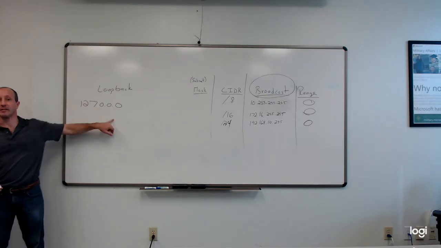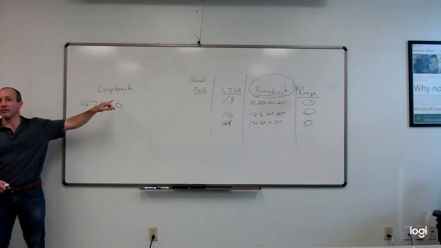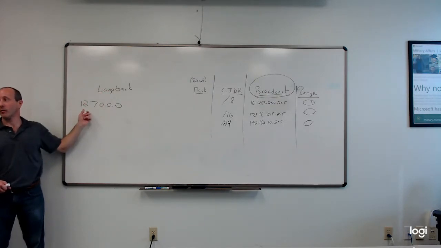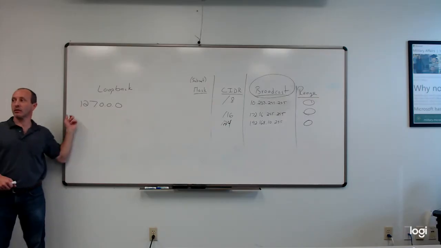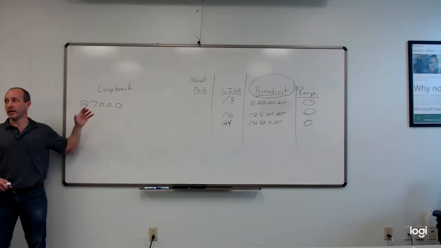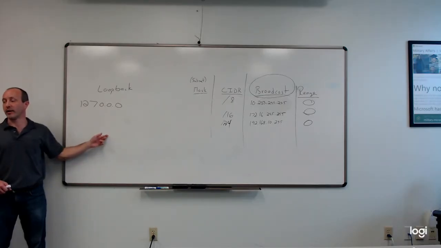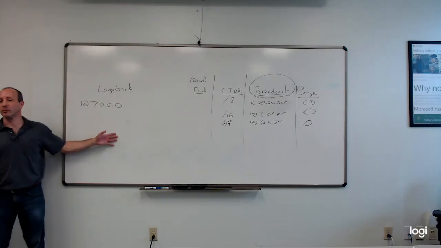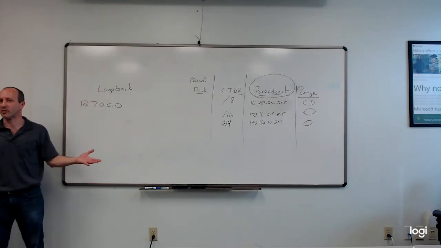But if you're asked what range of addresses is in my loopback, it's 127.0.0.0 to 127.255.255.255. That's your whole range with your network and broadcast. So it's everything from 1 to 254. But the default, usually when the loopback is used, you'll test it with 127.0.0.1.